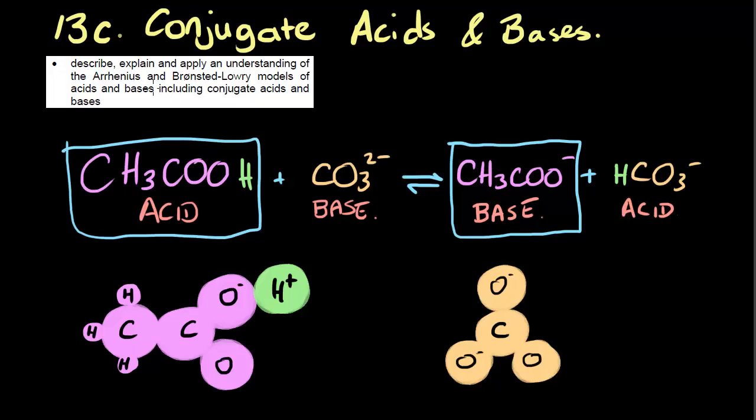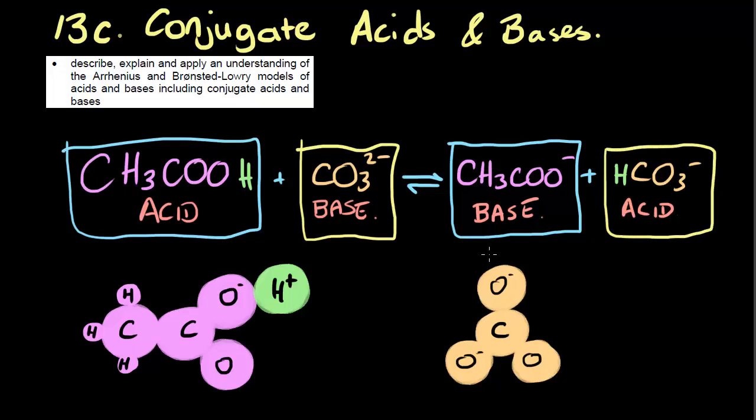The word conjugate does mean pairing. Similarly, I started with carbonate, which is a base, but when carbonate accepts a proton to form hydrogen carbonate ion, the product it forms is an acid. So I could say that hydrogen carbonate is the conjugate acid of carbonate ion.